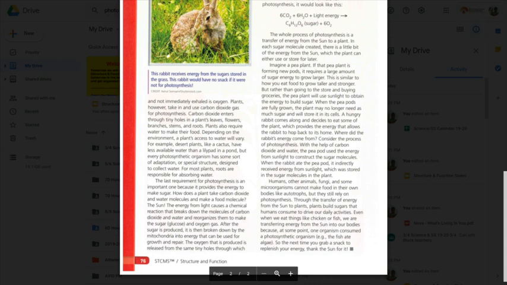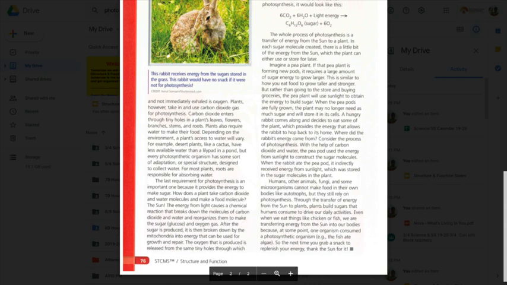How does a plant take carbon dioxide and a water molecule and make it a food molecule? The sun. The energy from light causes a chemical reaction that breaks down the molecules of carbon dioxide and water and reorganizes them to make the sugar, glucose, and oxygen gas.